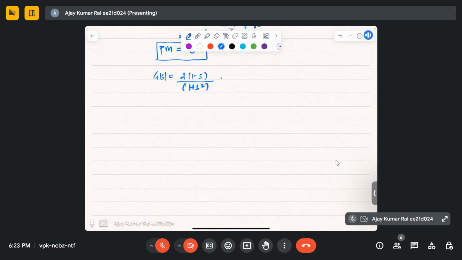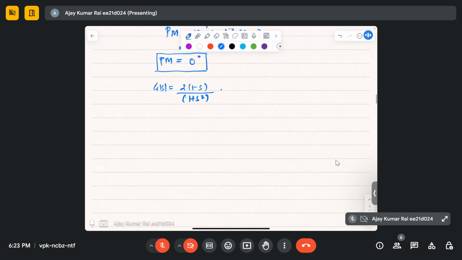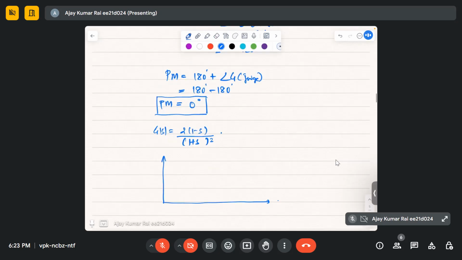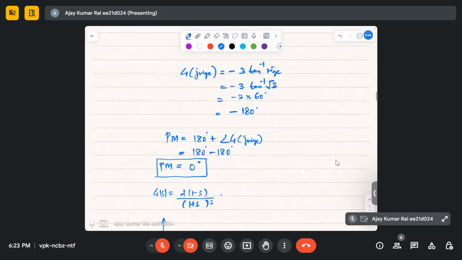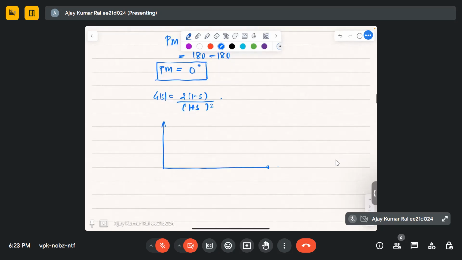It's a non-minimum phase system, we have the zero in the right half plane. This is a rough diagram.